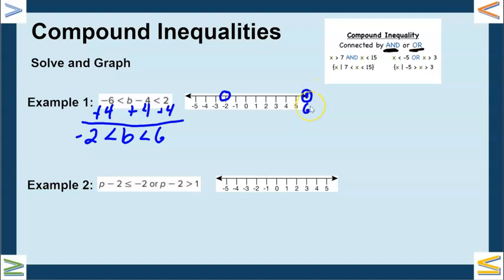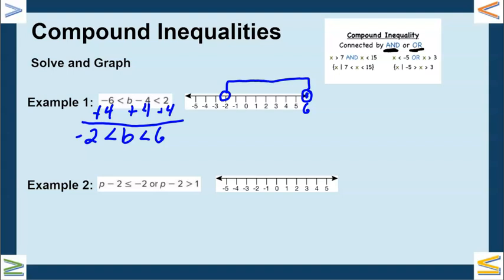So I'll put that as 6. Now it has to be less than 6. So it's got to go to the left of 6, but it's got to be greater than -2. So for conjunctions, or the ones that use the keyword and, they are connected. It's everything in between the two endpoints.